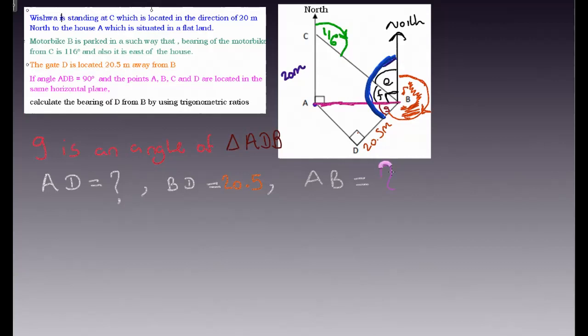Because we are trying to find angle G's magnitude, but in triangle ADB we know the length of only one side, and knowing just one side is not enough to find the magnitude of an angle using trigonometry. So we are stuck.